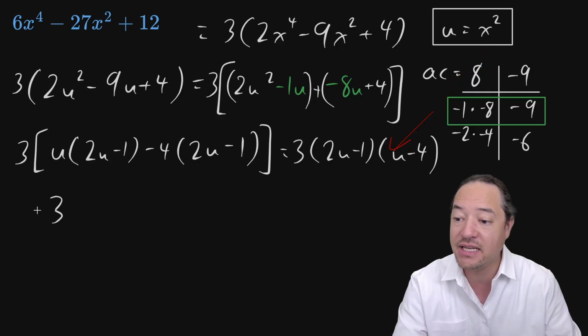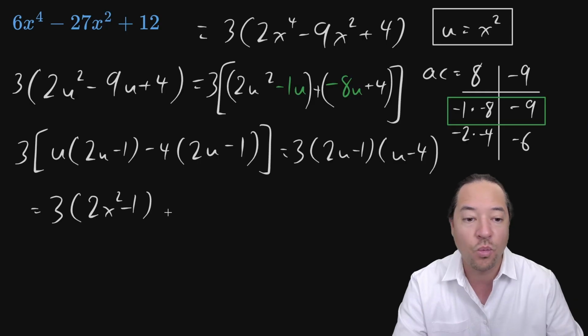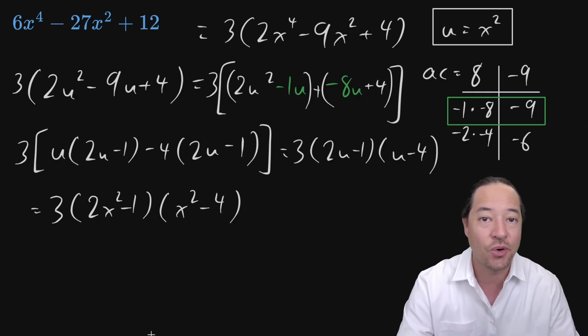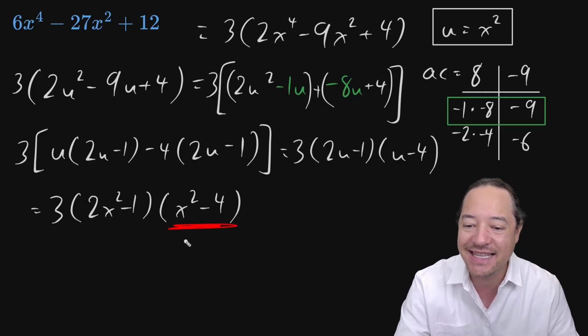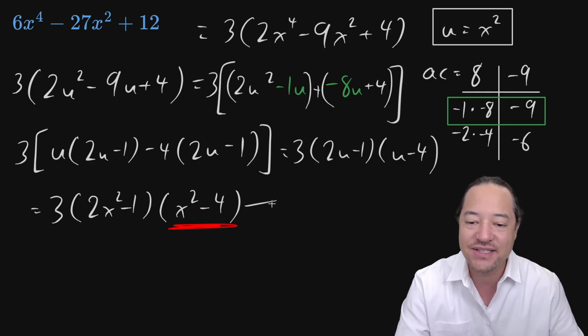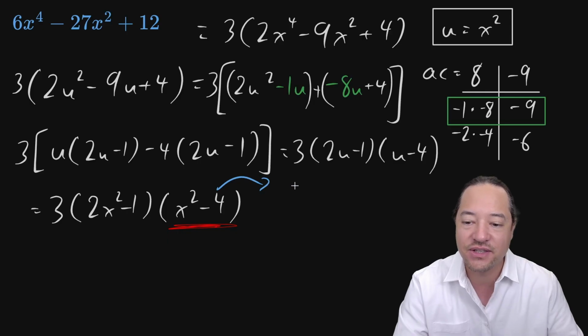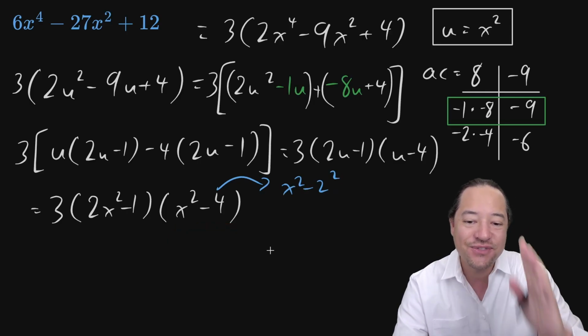Let's say that this is then equal to 3 times 2x squared minus 1 times x squared minus 4. And we're almost done, not quite done. Notice that this here looks like x squared minus 2 squared, a difference of 2 squares.